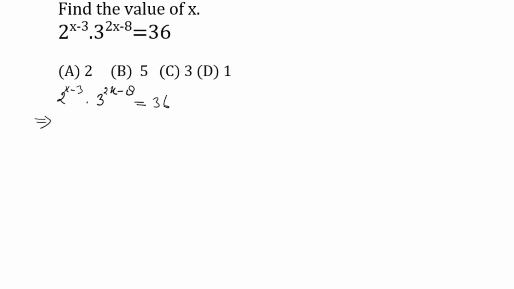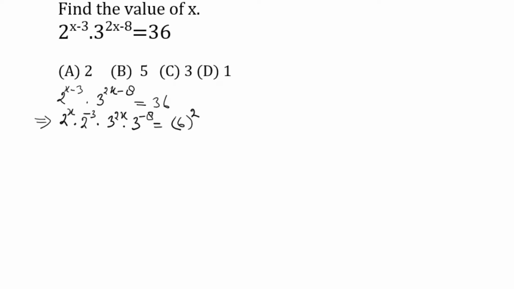Implies we can write here 2 to the power x into 2 to the power minus 3 into 3 to the power 2x into 3 to the power minus 8 is equal to 6 to the power of 2.